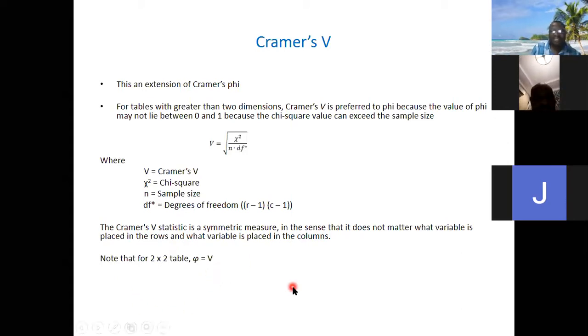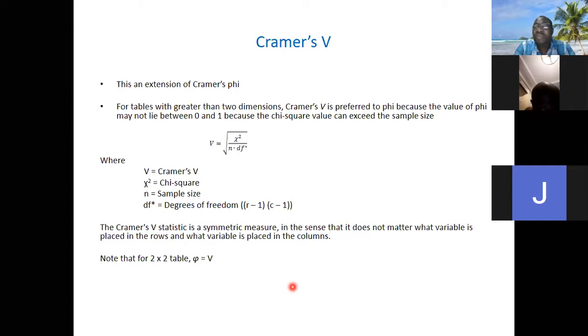Cramer's V statistic is a symmetrical measure, in the sense that it does not matter what variable is placed in the row and what variable is in the column. Just like when you do your chi-square, chi-square is symmetrical because it doesn't really matter which one is row or column.